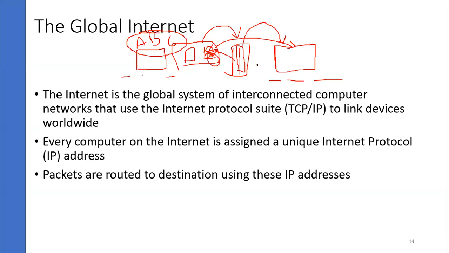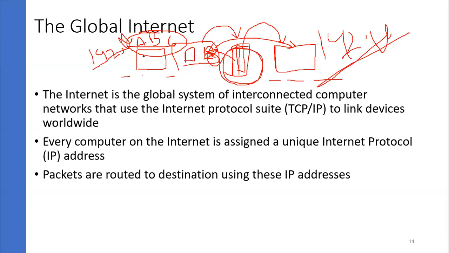Now, if we map this into the computer world, if your address is something like 192.168.1.12 and there's another address, 192.168 something, this device understands that this information arrived from this address and this information is transferred to this address by using the IP address.